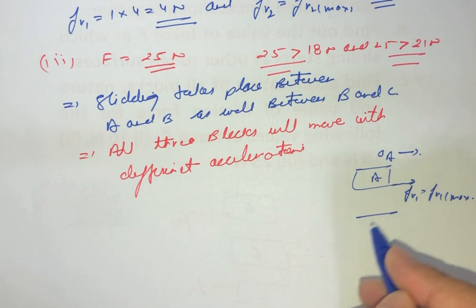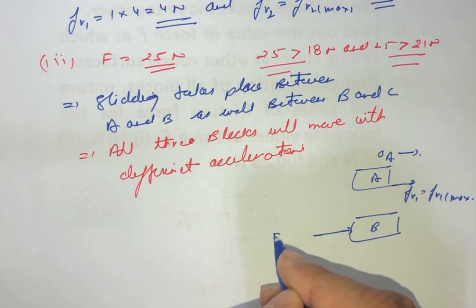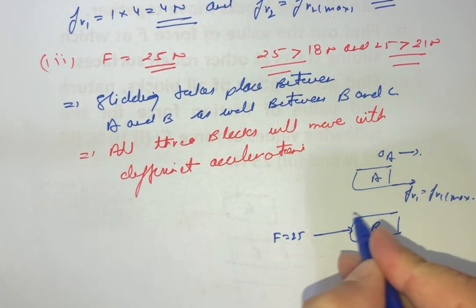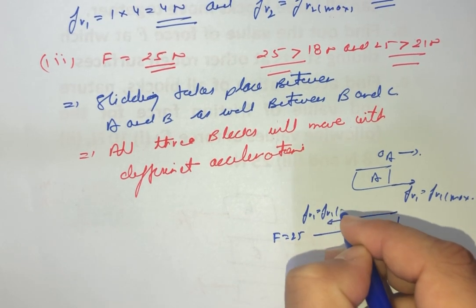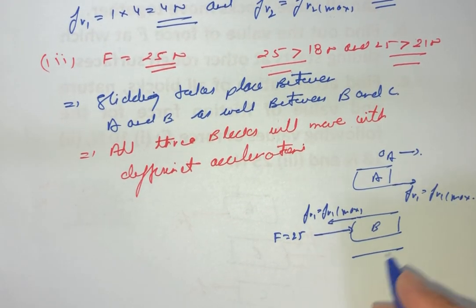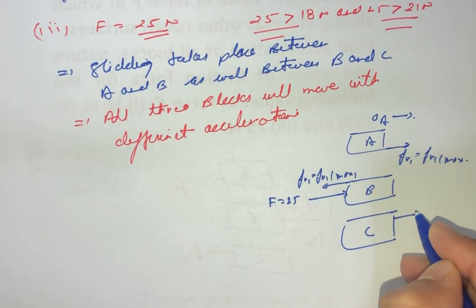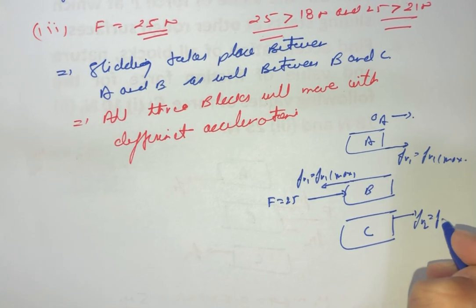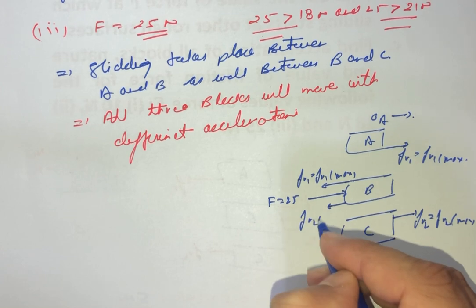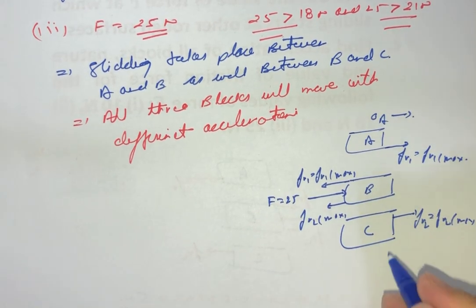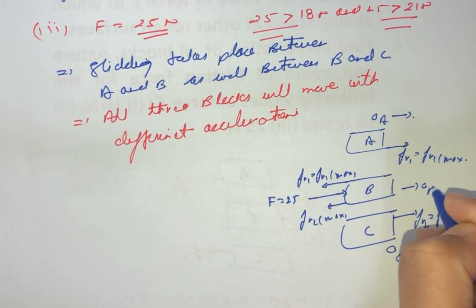We have block B. We have applied force F, which is 25. Here we are going to get Fr1 max, and here we have C block, which will have Fr2, equal to Fr2 max, and here we are going to get Fr2 max. Let us suppose this acceleration is C and this acceleration is AB.